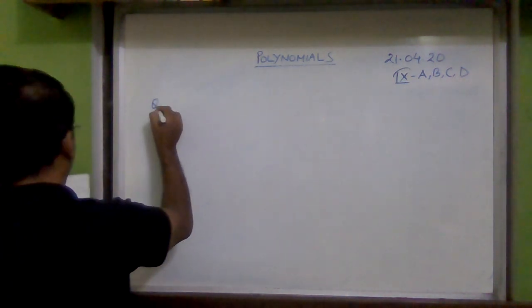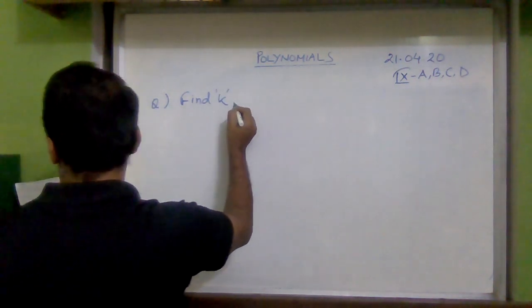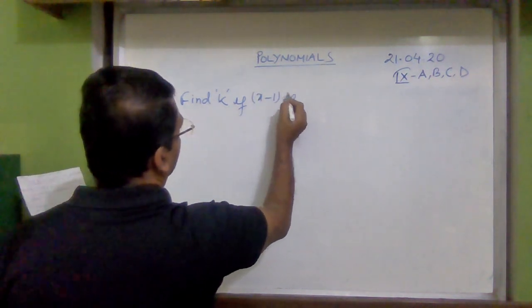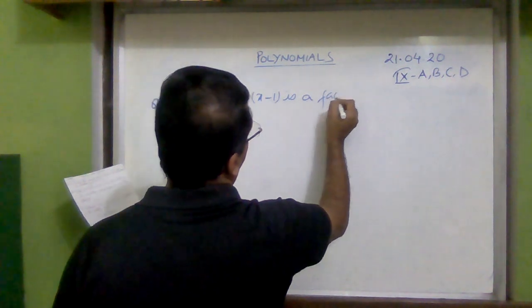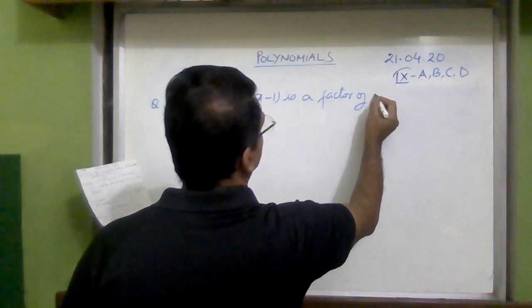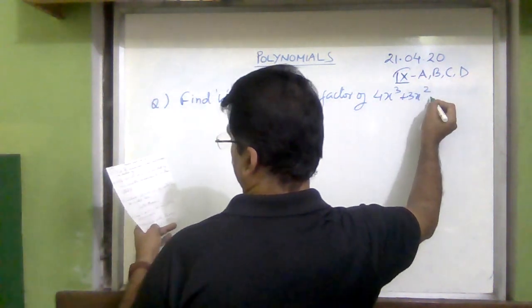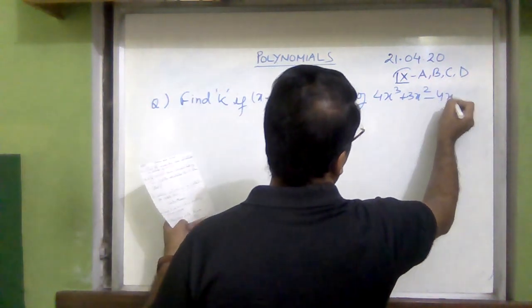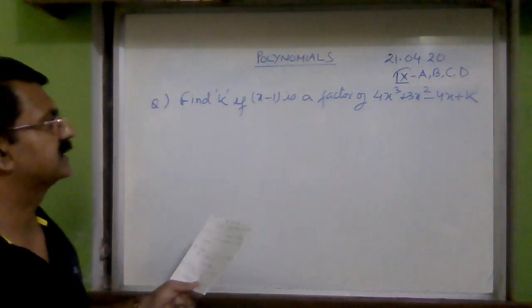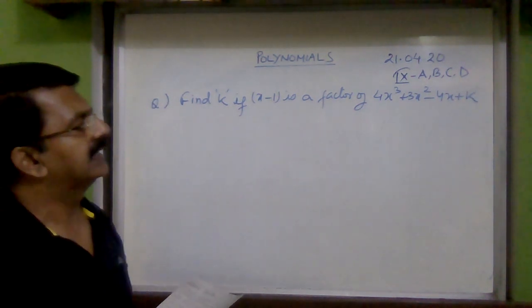So the first question is, find k if x minus 1 is a factor of 4x cube plus 3x square minus 4x plus k.